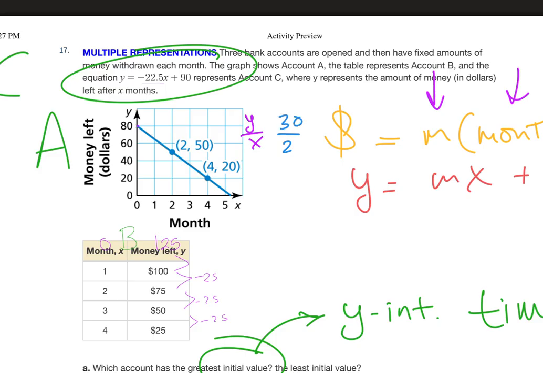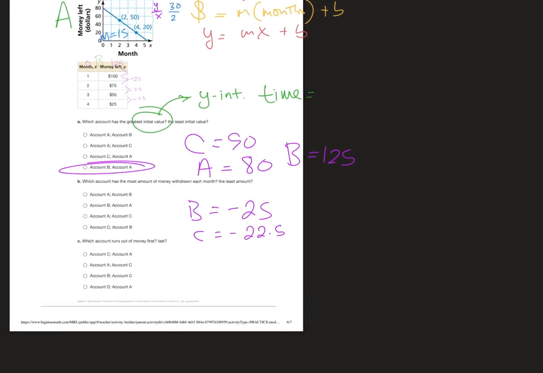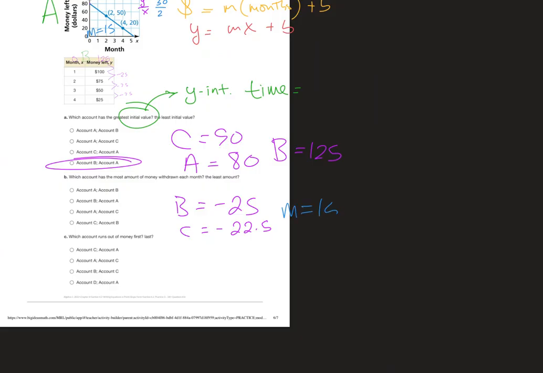And you're like, wait, what? 2 months went by. The y value went from 50 down to 20. That's a difference of 30. So the slope here is $15 a month. So 15 like that. And I guess you could say negative 15, right?